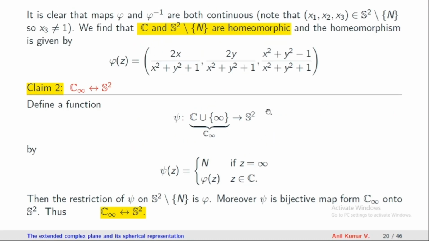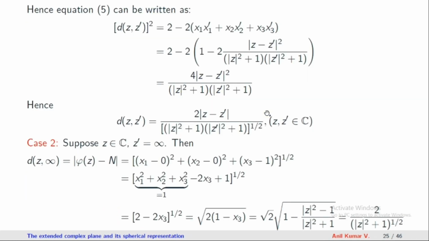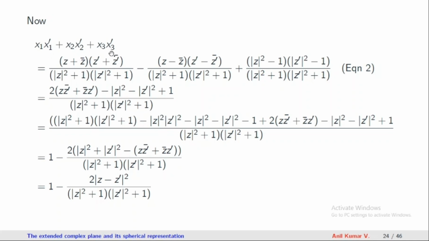Substituting these values in the expression, we obtain this formula. That is, the expression x1 x1 prime plus x2 x2 prime plus x3 x3 prime is equal to 1 minus 2 into (mod of z minus z prime) the whole square divided by (mod z squared plus 1) into (mod z prime squared plus 1).